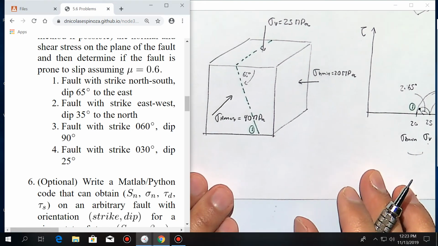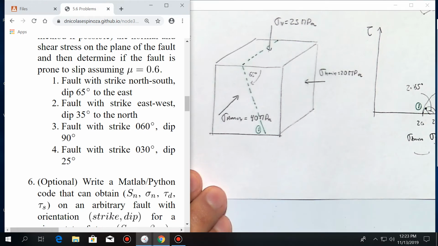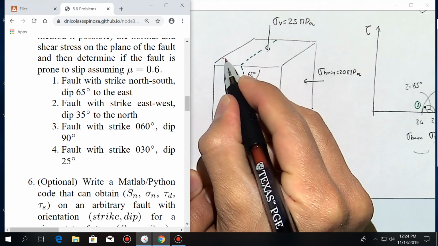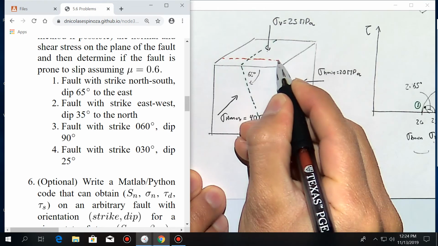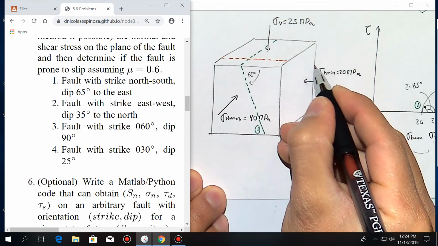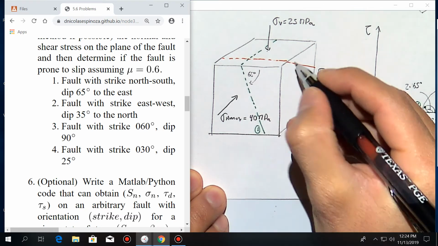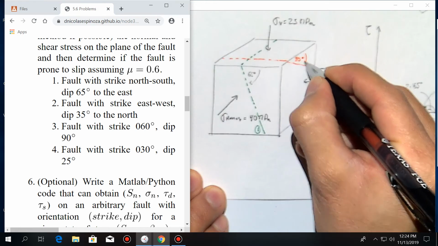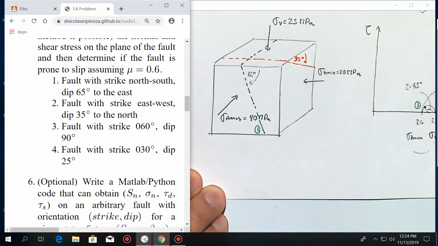Number 2, it's a fault with a strike east-west and dips 35 degrees to the north. So it is something like this. That's a 35.